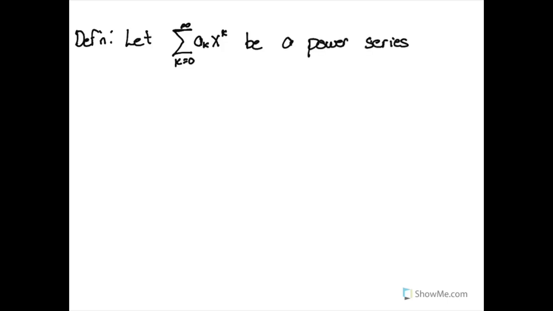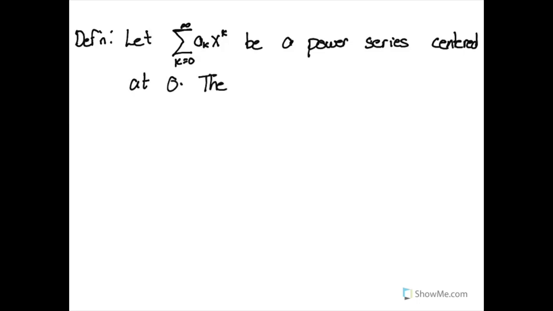So definition. Suppose we have a power series, the sum of a_k x to the k, starting at k equals 0 to infinity, be a power series centered at 0, right?